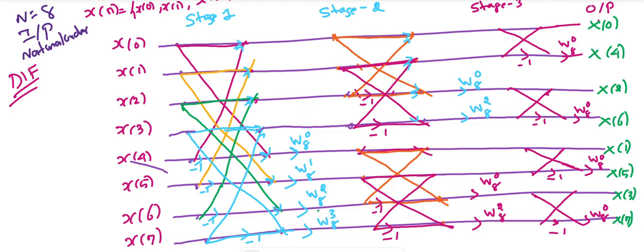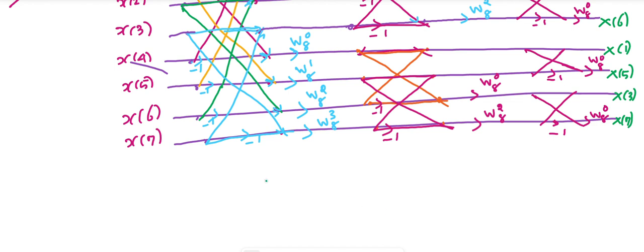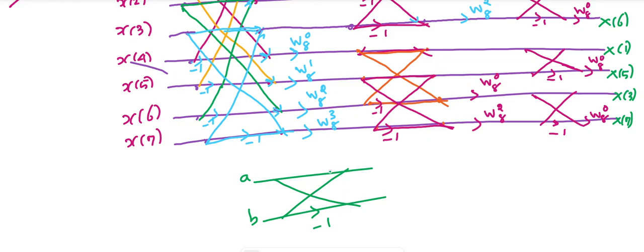So you should know how to calculate the twiddle factors for the given sequence. How the computation will be: a plus b, a minus b into W08. So the basic computation you should know. What is the basic computation? a, this is b, minus 1, this will be a is equal to a plus b.